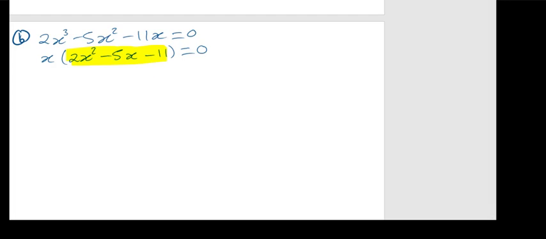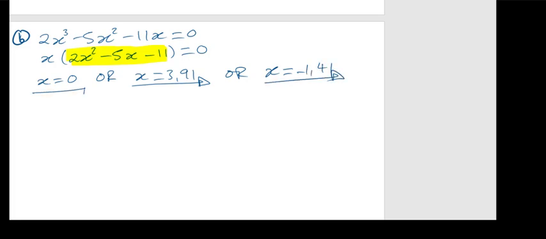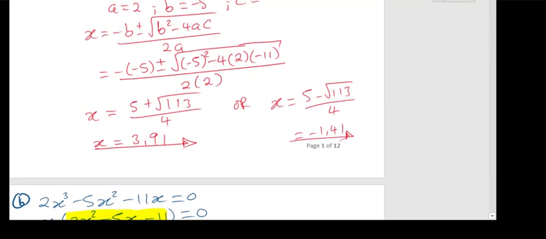So there is no need to work it out and use the quadratic formula again. Either x is 0, or x is 3,91, or x is minus 1,41. So you've got 3 values of x. That is all they want.